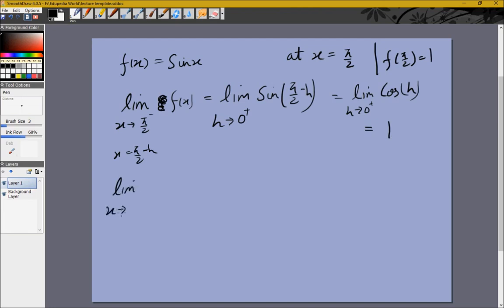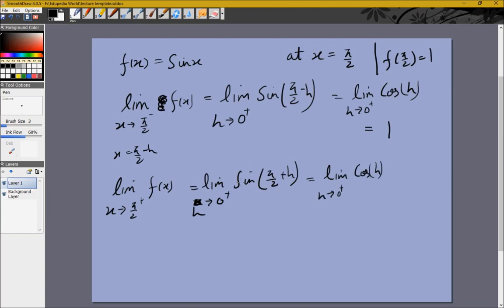The limit as x goes to π/2 plus of f(x) will simply be the limit as h goes to 0 plus, and we'll take x = π/2 + h now, sin(π/2 + h), which gives me again cos h, not minus cos h, because in the second quadrant sin x is positive, so this term has to be positive.